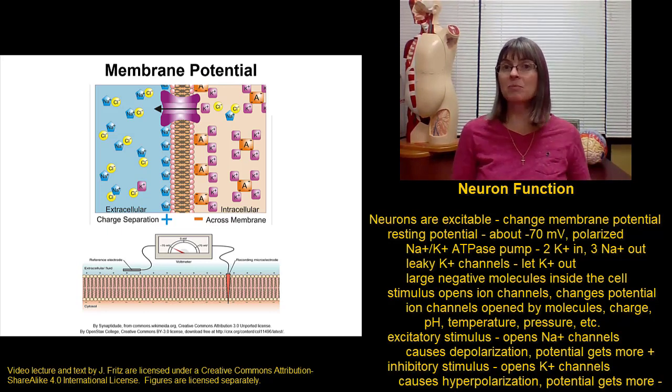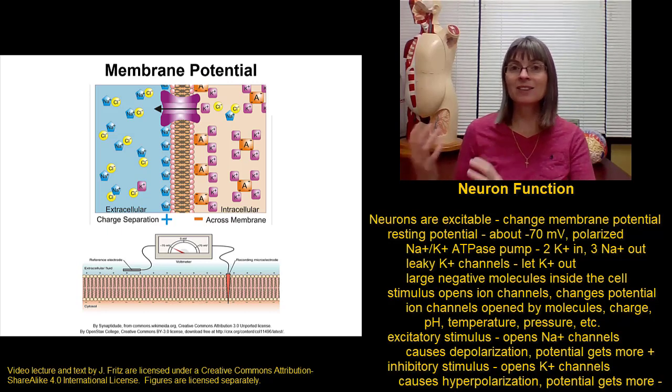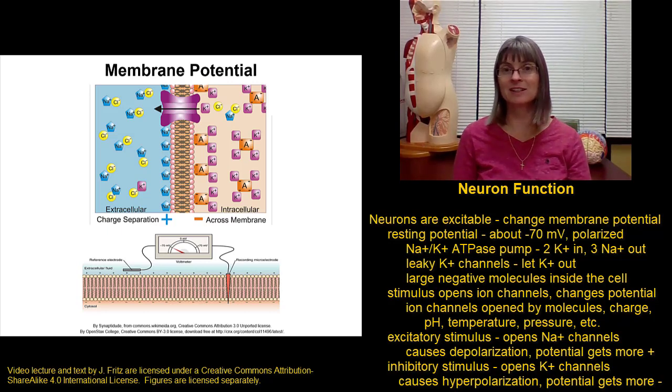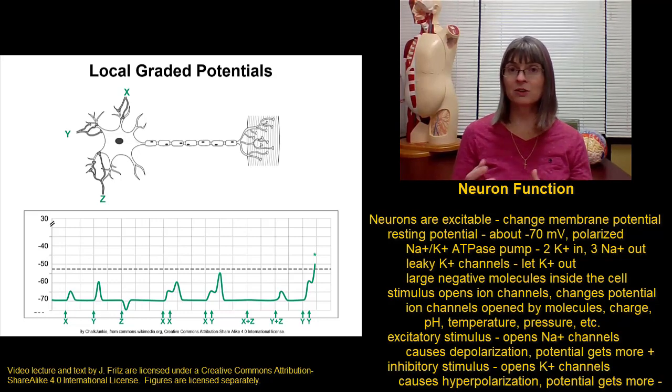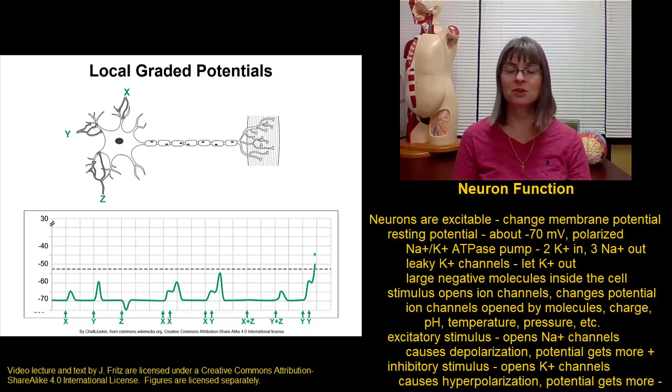We call that a hyperpolarization. It's getting even more different between the inside and the outside. Hyperpolarization makes the neuron less likely to send the signal to the next cell, which is why we call it an inhibitory stimulus.